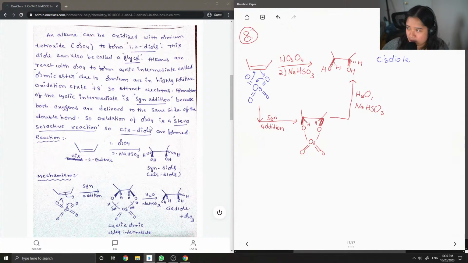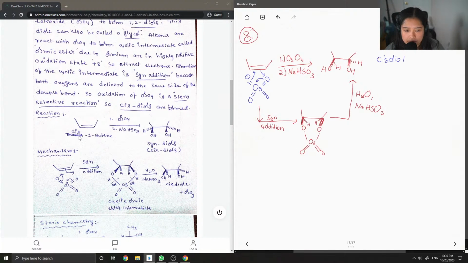Let me just erase this. I probably spelled it wrong. Cis-diol, that makes more sense. Cis-diols are formed. And then they have the reaction where you have your cis-2-butene reacting to get your syn-diols.